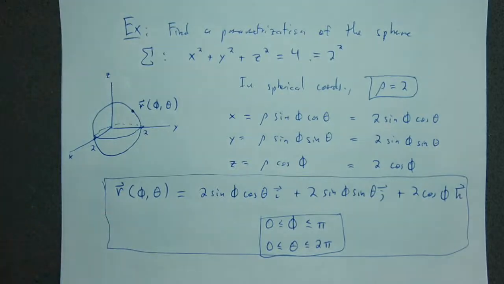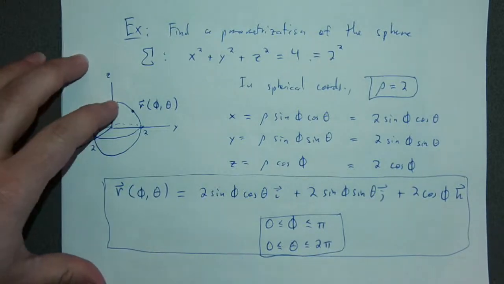So an easier way to look at this, if you don't believe that phi only needs to go from 0 to pi, try to find a point on the sphere that you couldn't describe if phi is between 0 and pi, and theta is between 0 and 2 pi. Try to find a point on the sphere that you can't get to, because phi can't go beyond pi, right?